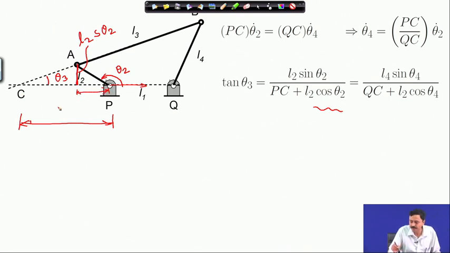So, I will actually have this distance, and you know that L2 sin theta 2 divided by this distance is the tangent of theta 3. So, this distance is P c plus L2 cosine theta 2. I have written c theta 2 in place of cos theta 2.